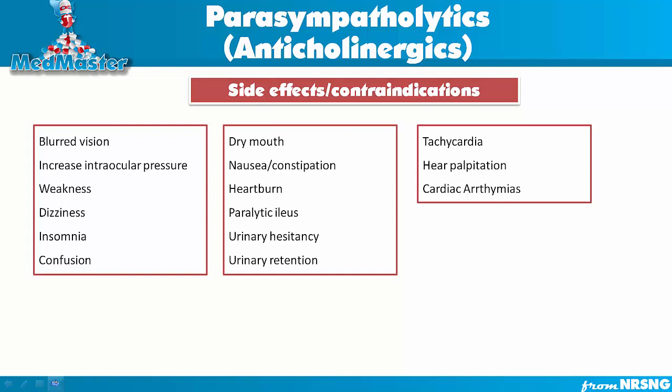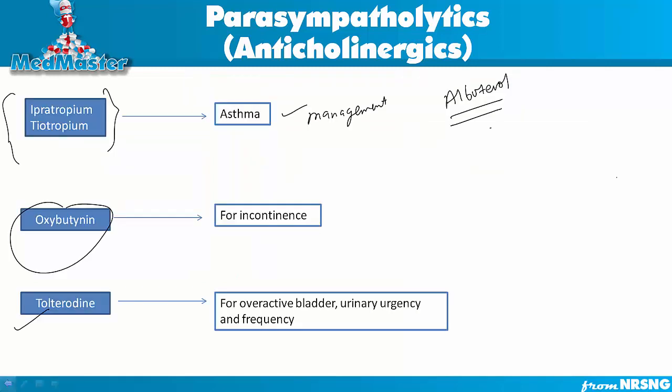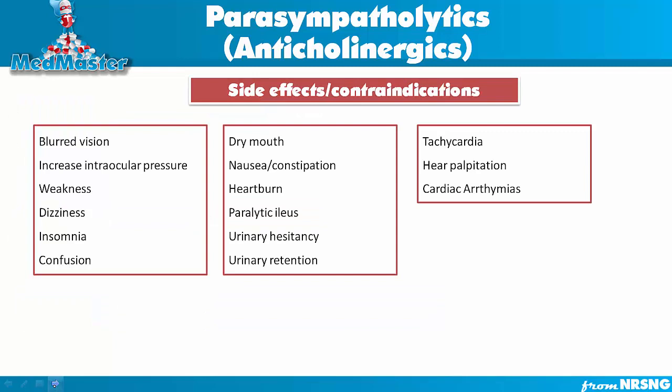Let's talk about a drug, for example, oxybutynin. You give this one for incontinence. It should work on the urinary bladder, but at the same time, it will go to the heart and block the parasympathetic receptors, which will increase the heart rate. It will go to the eye and it will constrict the pupils.